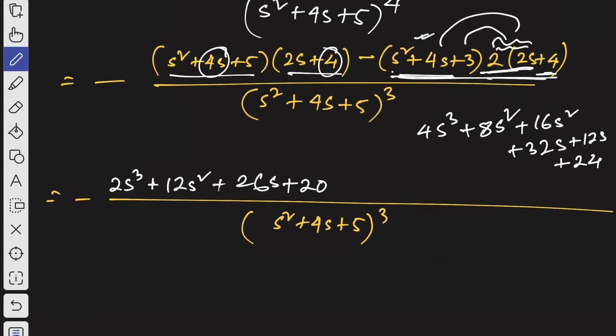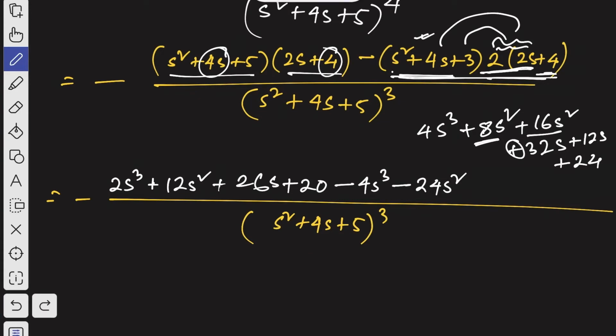So now if you add those, then what will you get? We have a minus sign here, so the sign will be changed, minus 4s cube, then minus 8s square, then 16s square, that's going to be 24s square, then these positive signs become negative because of this minus sign.